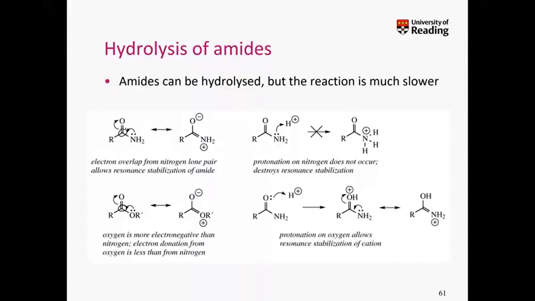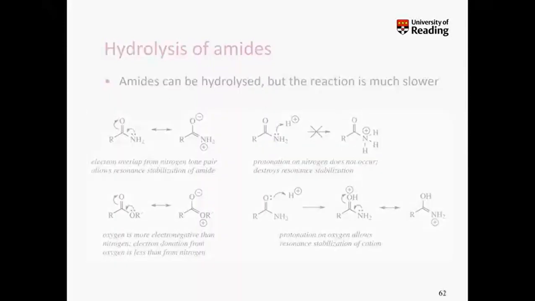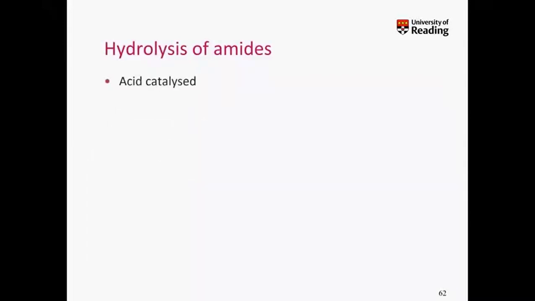But if you protonate on the oxygen when you first start this reaction mechanism, then you still have this ability of the nitrogen lone pair to delocalize across the bond. So by adding the acid in the first step, we will actually predominantly form this kind of protonated oxygen rather than protonating the nitrogen. So let's look at the acid catalyzed example. So we have our amide.